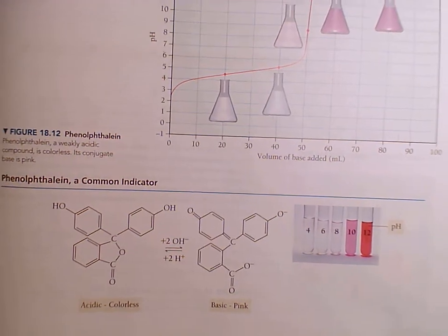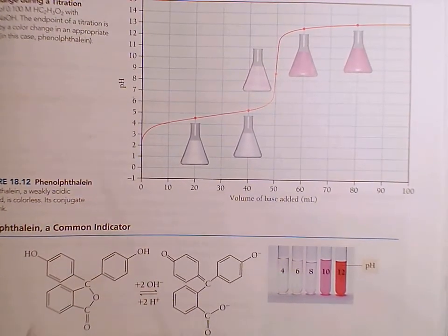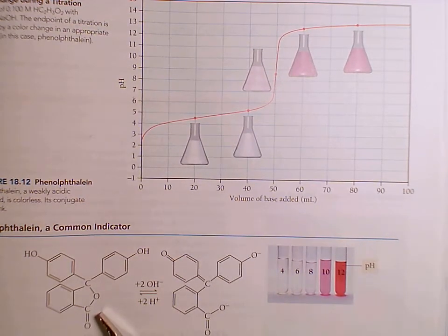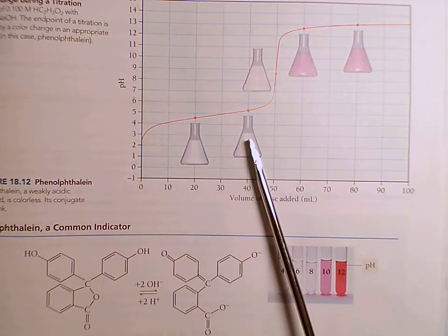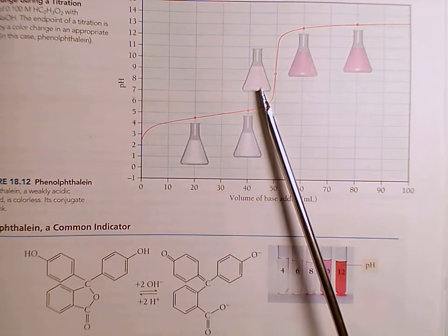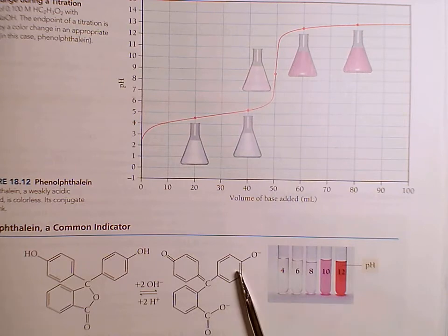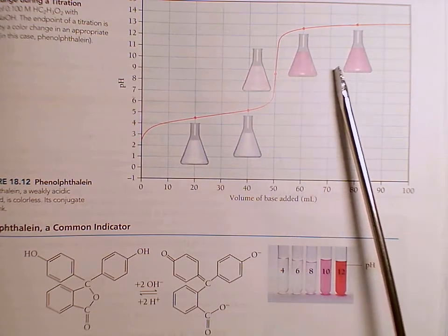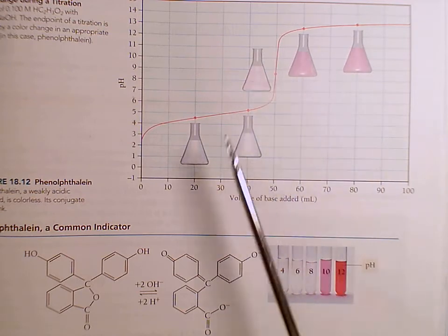And so in our titration curve, it will be colorless because of the colorless form until we've had enough base to take off the protons, and then it turns a little bit of pink because we're halfway. Some of the molecules are colorless, some are pink, about 50-50, and then we've got them all in the basic form.